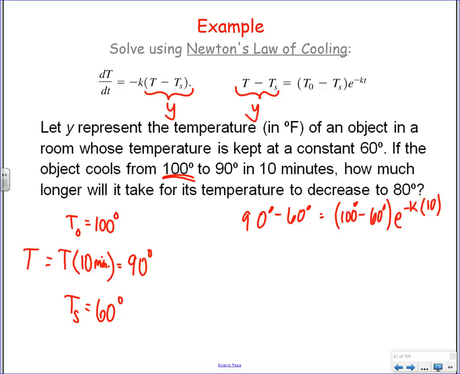Or couldn't you make your initial temperature be 90 now? Yeah, you could do it that way as well. So you could solve, get K equals. Then once you have your K, you could use your initial as 100 or as 90. One will be solving for the outright answer, the other will be solving for the entire time from the beginning of the model.